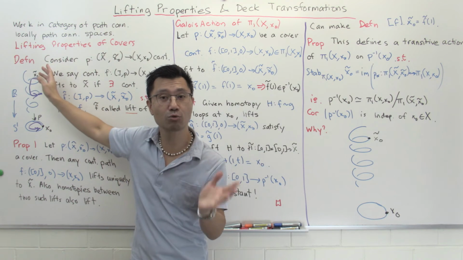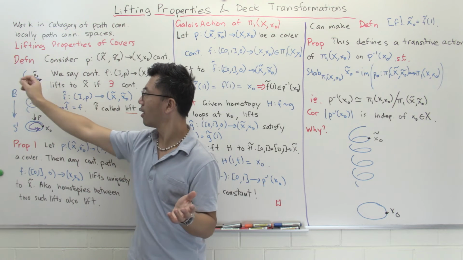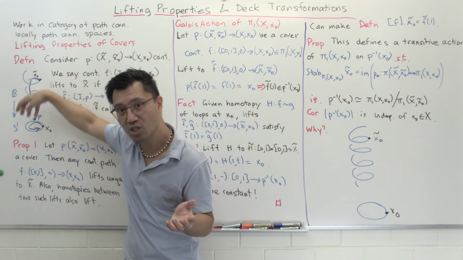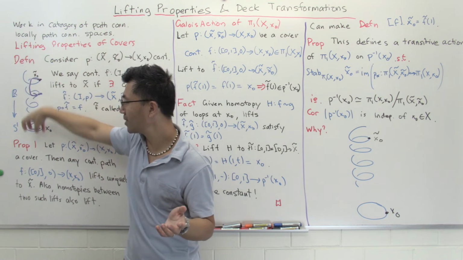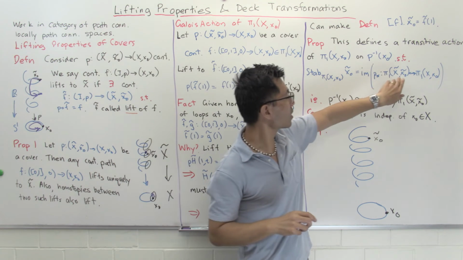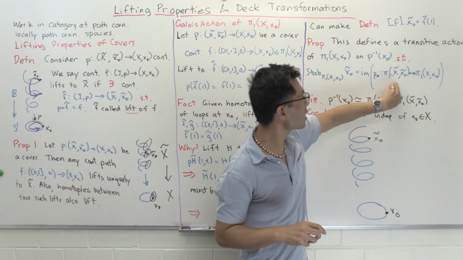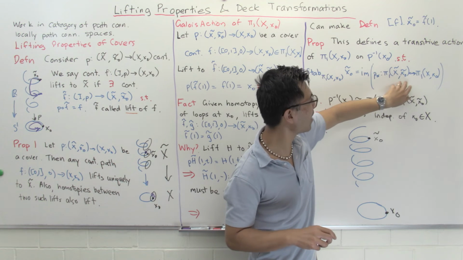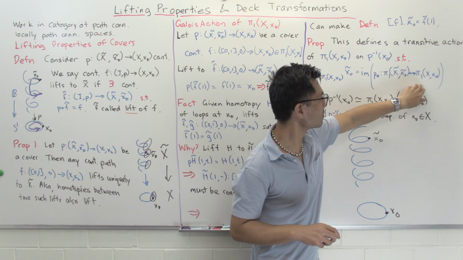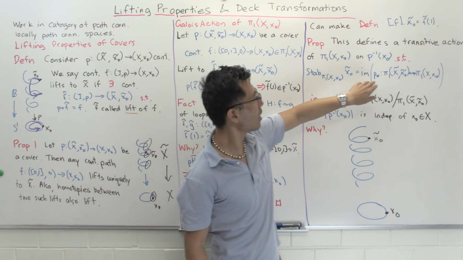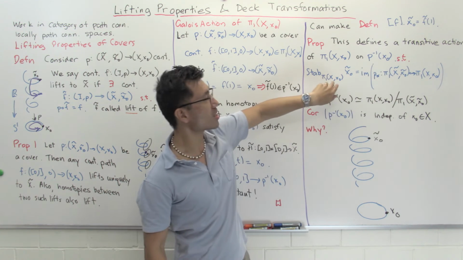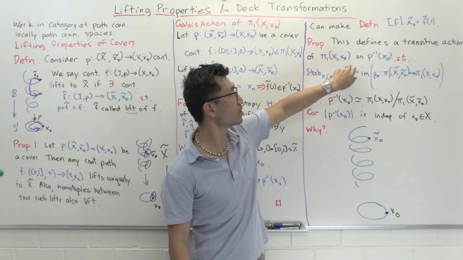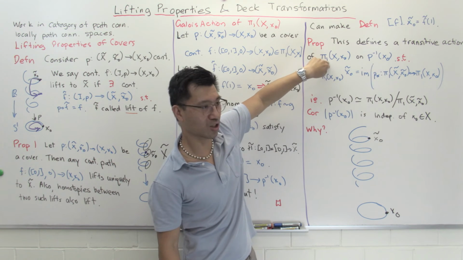Okay, remember the fundamental group is a functor. And so you can look at the image of this fundamental group downstairs. So you look at the fundamental group upstairs, you look at the image downstairs. It's actually an injection, as it turns out. And that image is actually the stabiliser of x0 tilde under this Galois action.